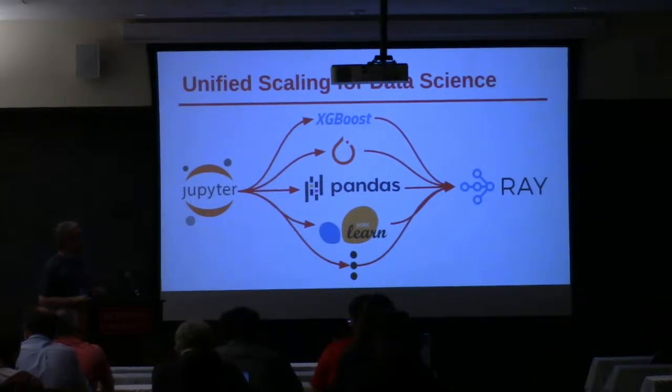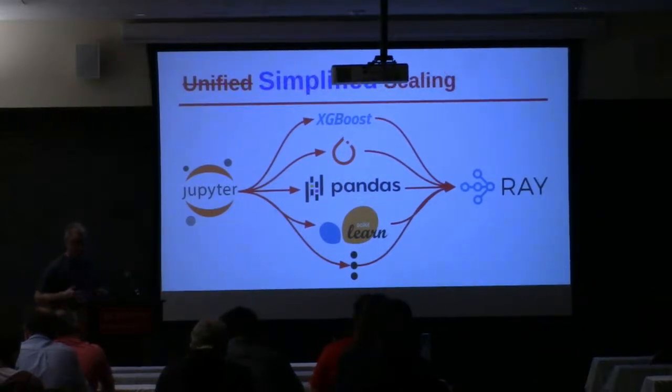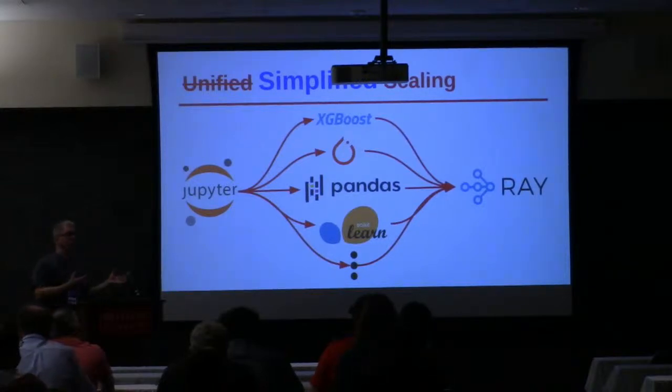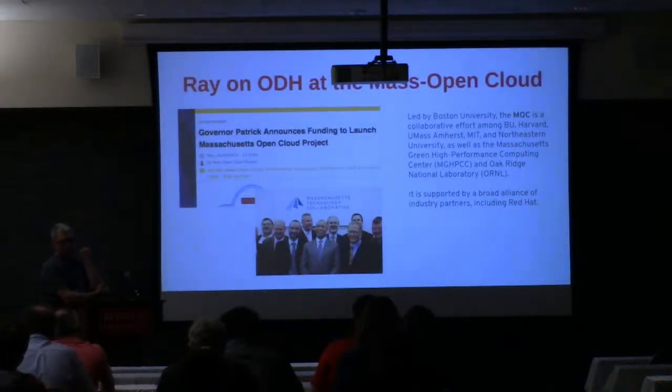So you have a unified scaling environment for your data science. And of course, unification also typically means simplification. You don't have to stand up a lot of specialized engines like a special Dask engine or XGBoost parallelizer. You can basically tell all of it to talk to the Ray cluster and use that for the engine. It's a much nicer, cleaner environment.